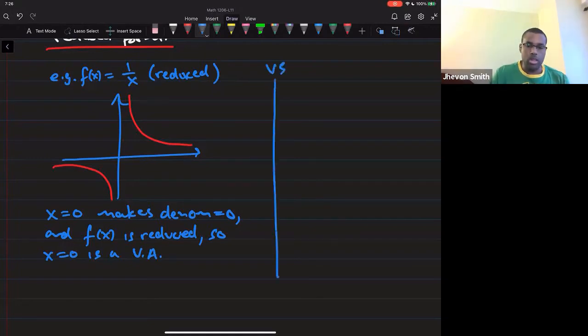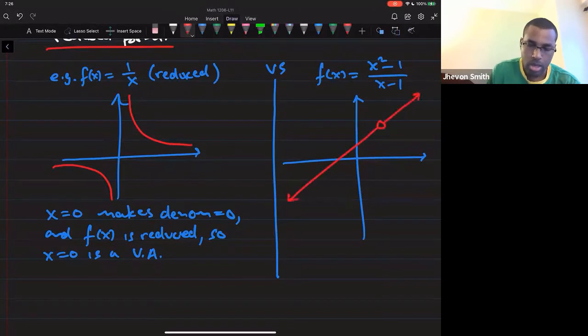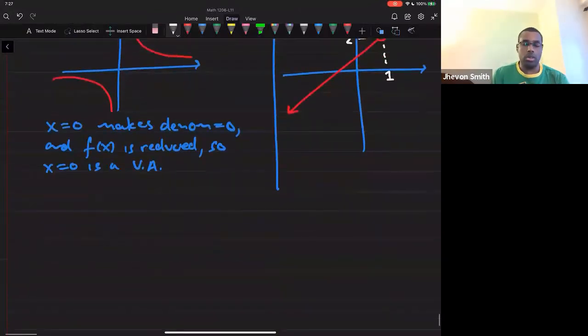Versus, I can look at this function, f of x equals x squared minus 1 over x minus 1. And remember, we saw that this was actually just a straight line with a hole in it at x equals 1 with output 2.